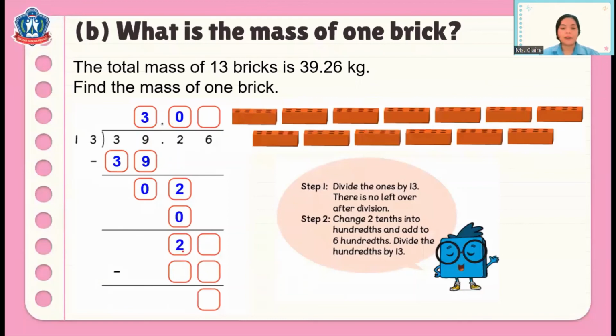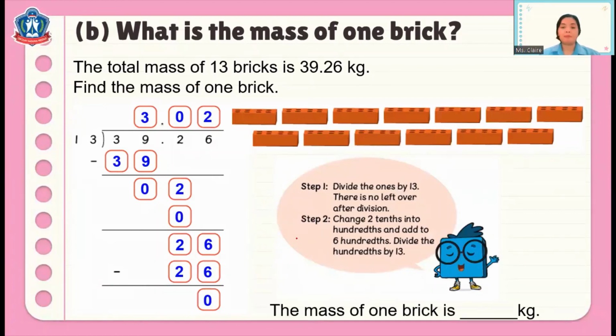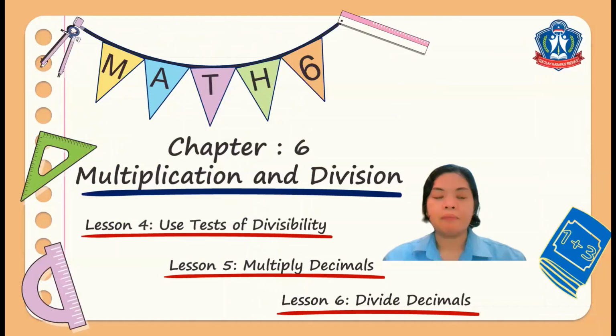Subtract, and that is 2. Now, it's time to bring the 6 down. So 26 divided by 13 is 2. 2 times 13 is 26, and we don't have a leftover. Therefore, the mass of one brick is 3.02 kilograms. Okay, this is our answer. So that's how to divide decimal numbers.